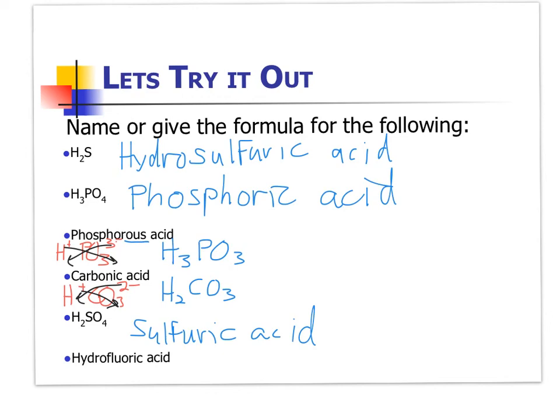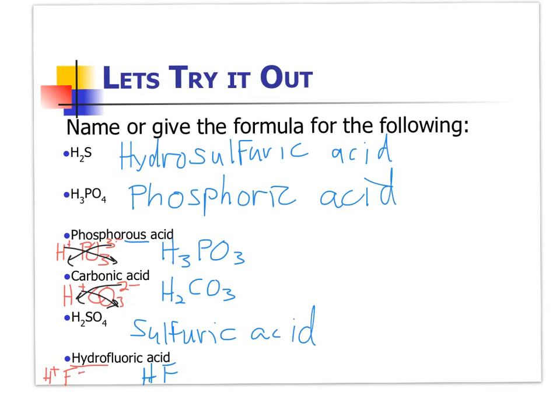Last one here, hydro. Hydro means no O, so I have an H. Fluoric comes from fluorine, so therefore it's HF. It came from H plus and F minus.